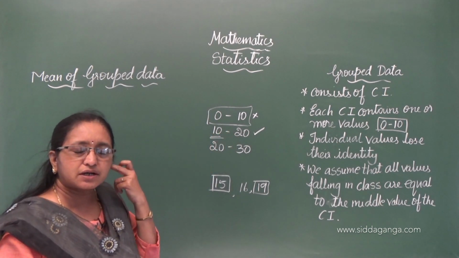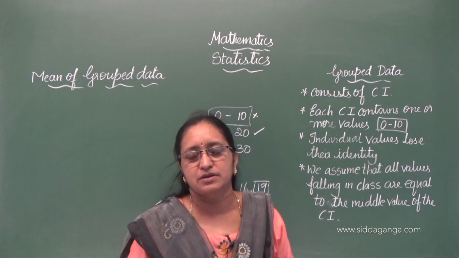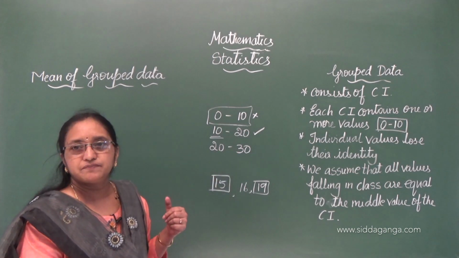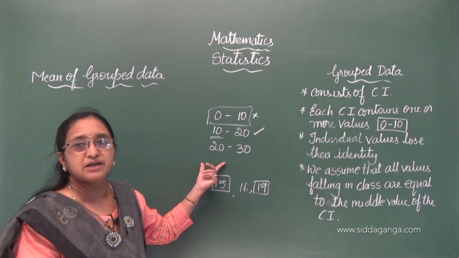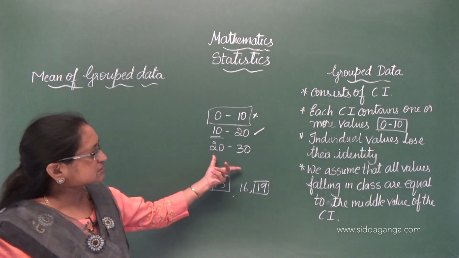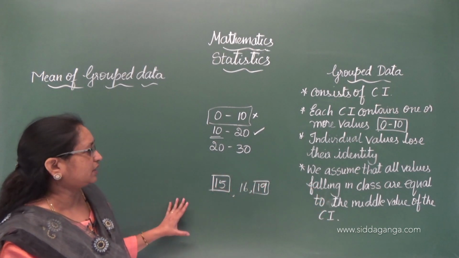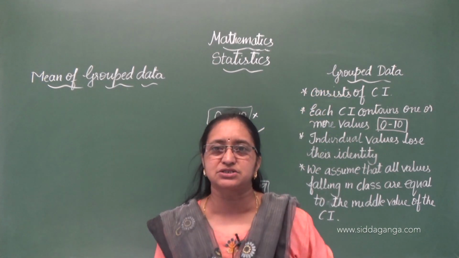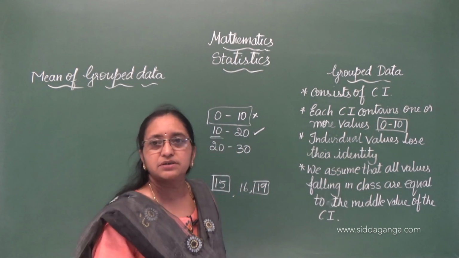Yesterday, in the previous class, I told you about the class mark, isn't it? Class mark is nothing but the middle value. I hope you can recall the formula for class mark. So we will consider it as a middle value. These are the special characteristics of grouped data. I hope you understood now.